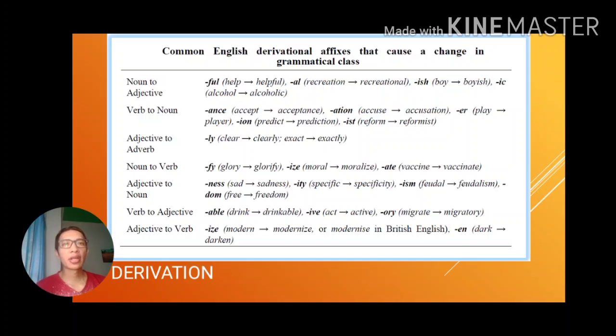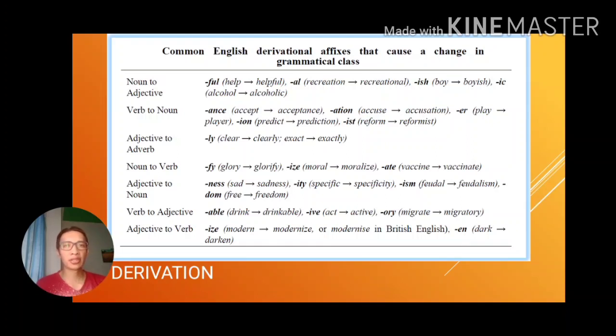Another derivational affix like ance changes verb to noun, like accept to acceptance. When we have another suffix like ly, clear into clearly, it changes from adjective to adverb. And ify, glory to glorify, means the word changed syntactically from noun to verb.